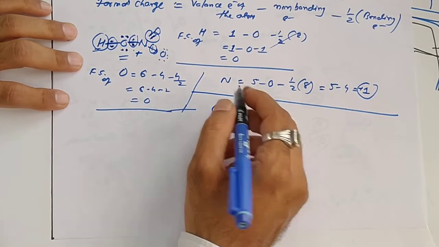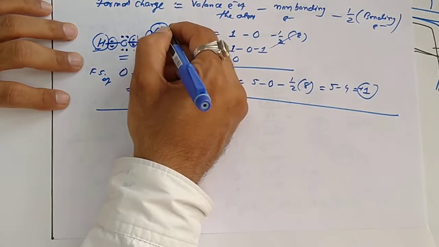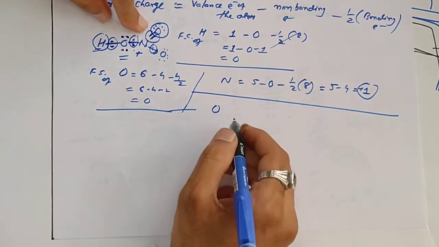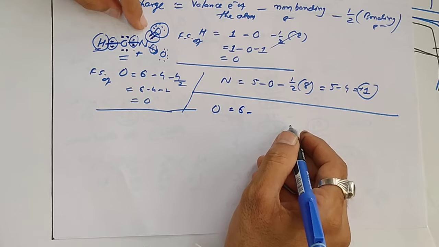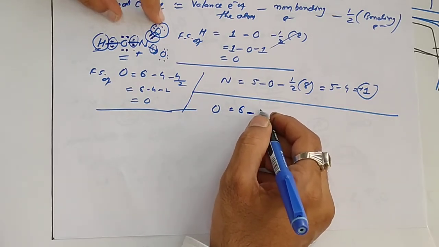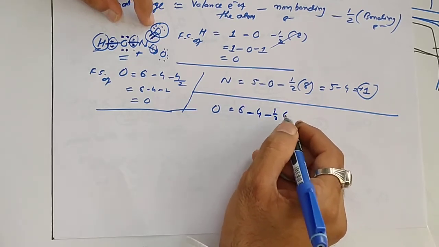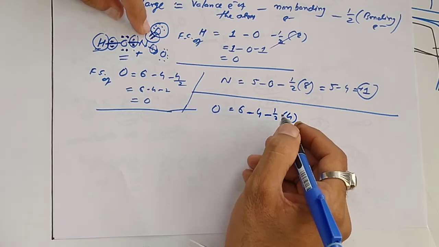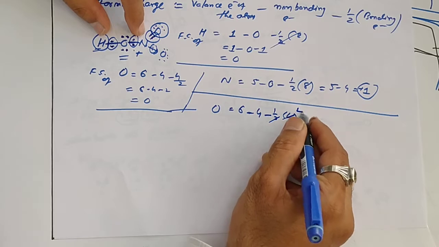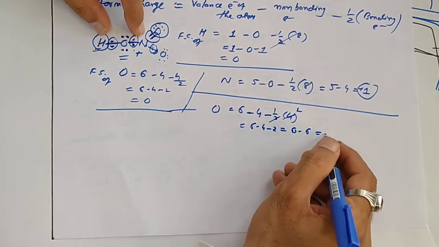What about oxygen? This one has a double bond. Outermost electrons in the oxygen atom are 6, minus non-bonding electrons 4, minus bonding electrons 4 (a single bond is 2, a double bond is 4), so 6 minus 6 equals 0.